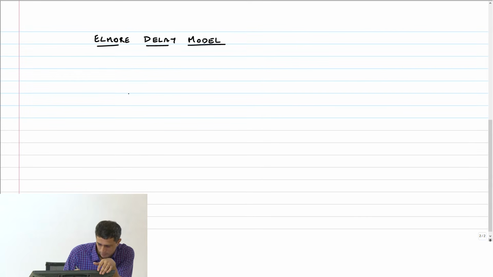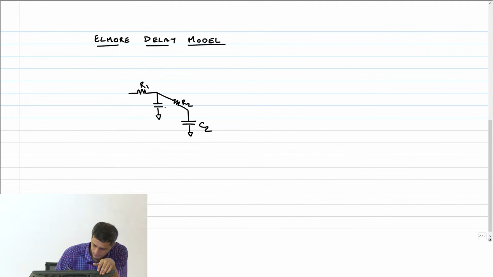Okay, so let us consider a reasonably complex network. The same thing that I drew: R2, C2, C1, have R3, C3, R4 and C4.